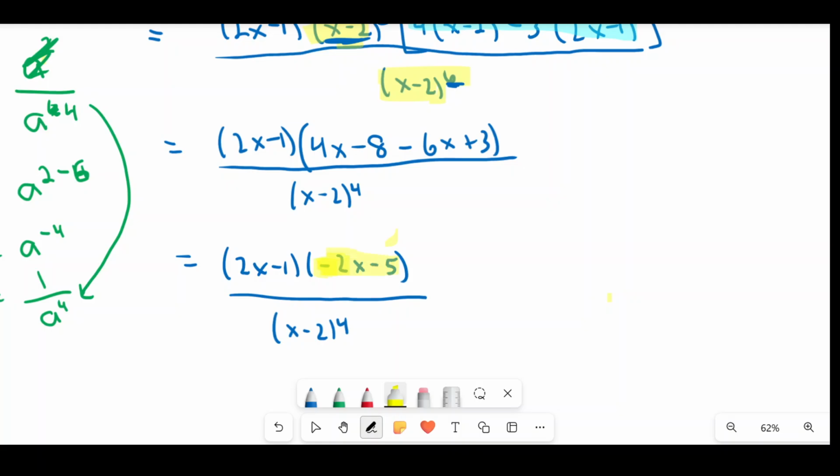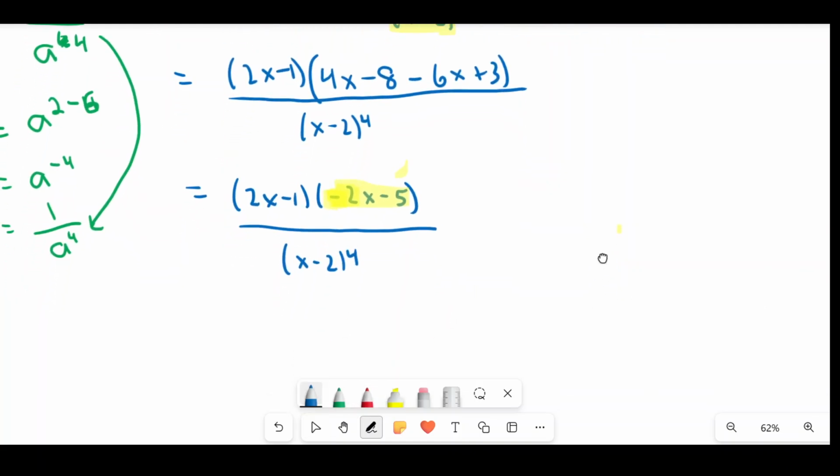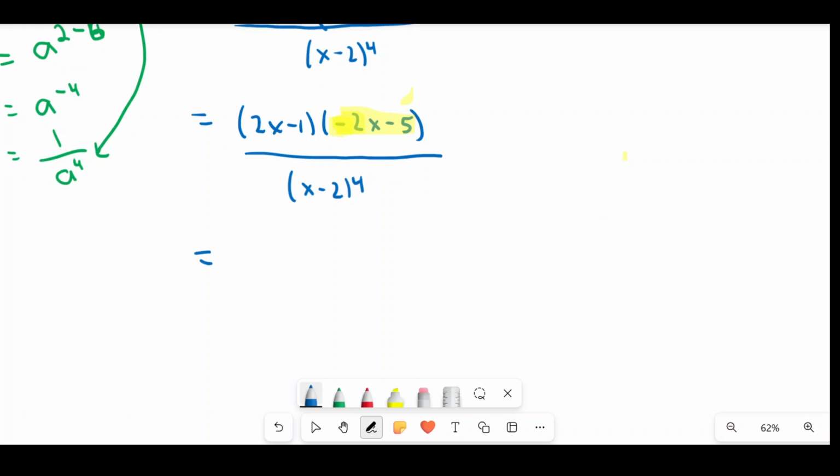So in fact, there's definitely a negative sign in common anyway, but even if this was plus 5, I would still want to factor that out. So from that bracket, I'm going to factor negative 1, and I'll sort of show this in 2 steps. So that negative 1 factored out is right there, and that would leave me with 2x plus 5.